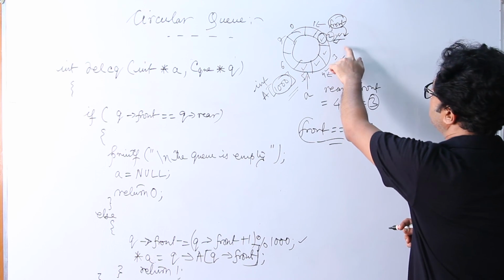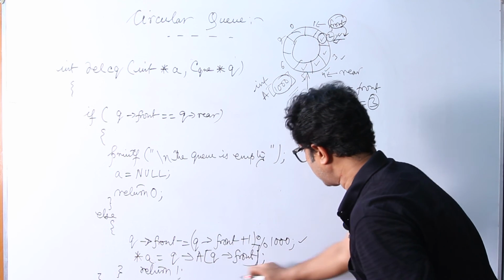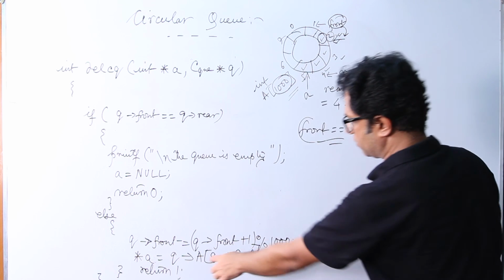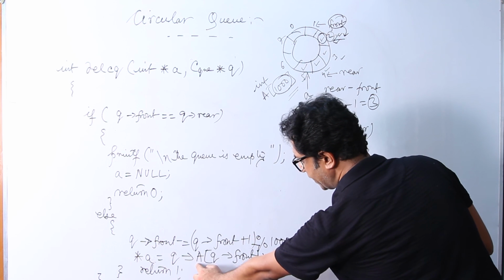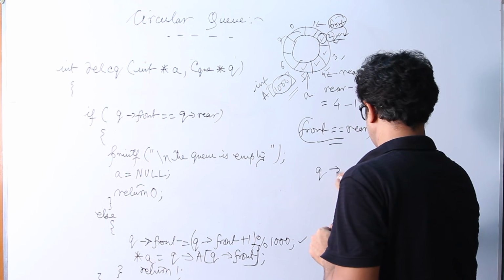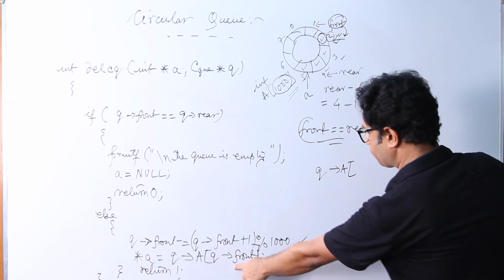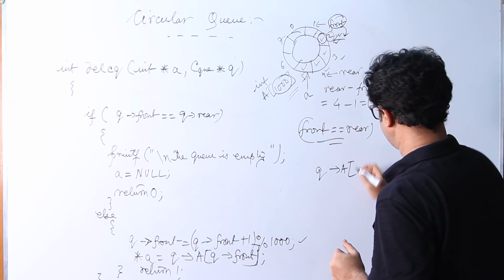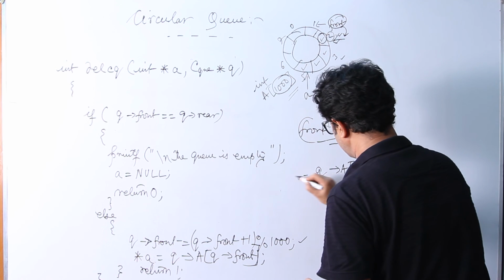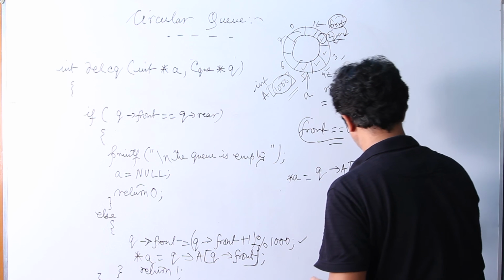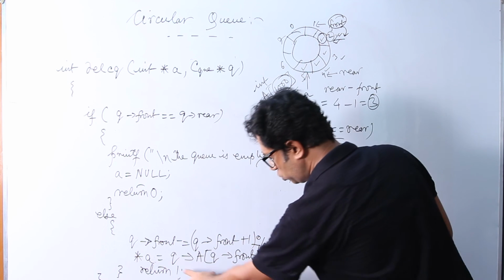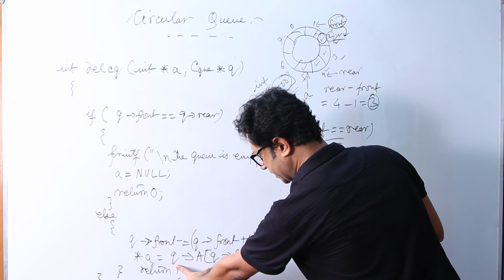So we are taking the item at index Q front from the array A. Now Q front, after incrementing, is 2, so Q arrow A[2] will be assigned to star A. This is the sense we are trying to get from this expression statement.